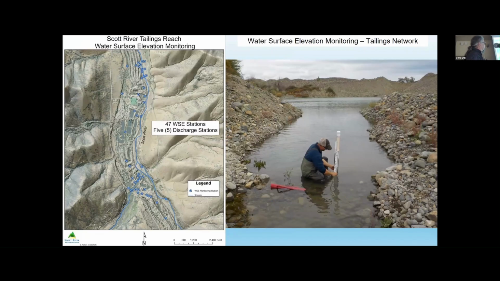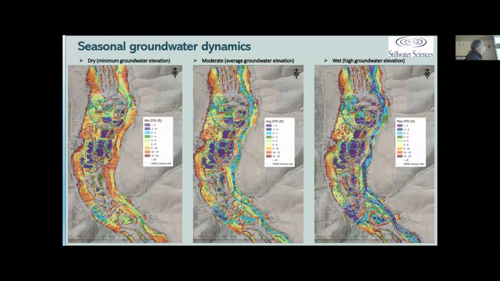But the Watershed Council in 2014 put the first BDAs into the bottom of Sugar Creek and increased the water surface elevation. From there, we expanded our water surface elevation network to the current 45 plus stations, and additionally put discharge stations within this reach, trying to look at that interaction between the groundwater and the surface water.